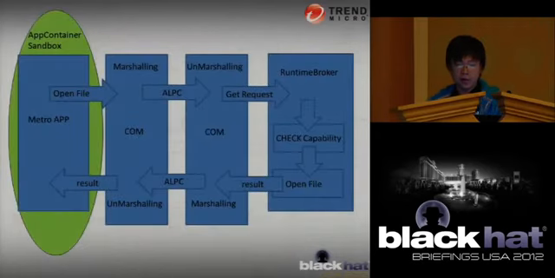As you see in the picture, COM is responsible for the communication between the Metro style app and the runtime broker. For example, to access a file, the Metro style app marshals its request via COM, and then passes it to the runtime broker by ALPC.